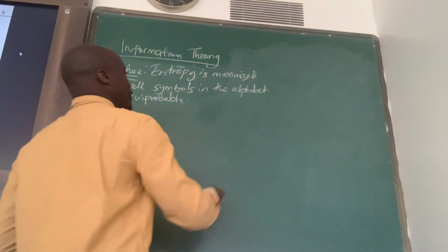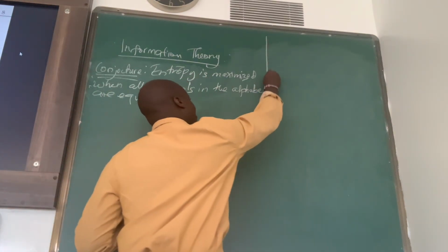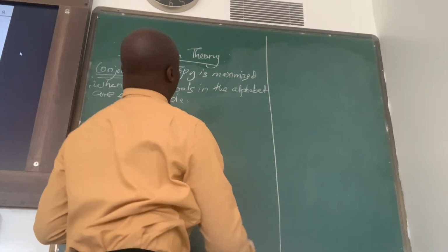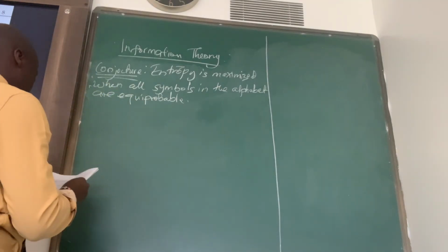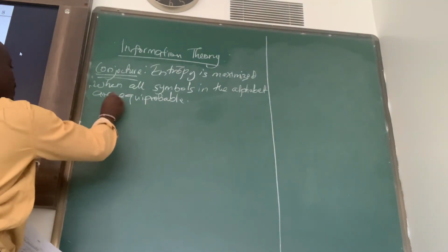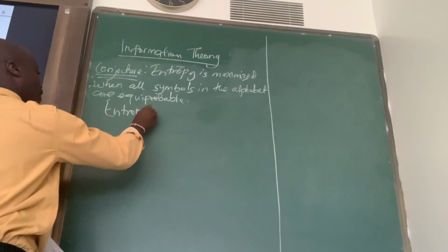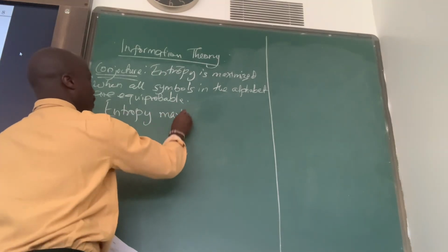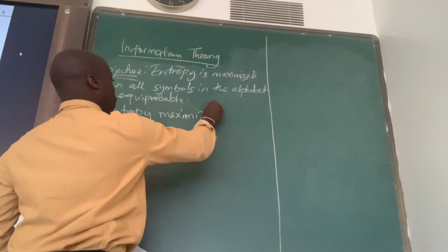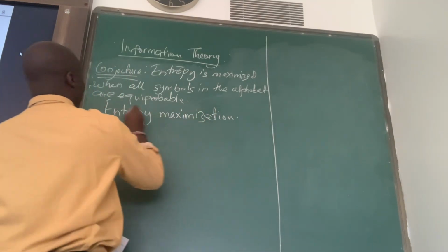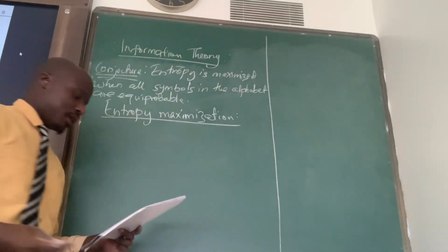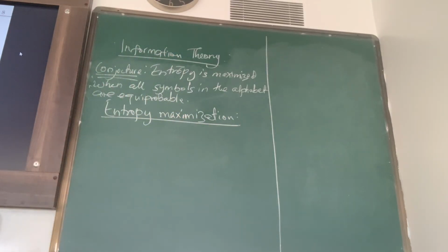Now, let's start with this proof, entropy maximization. I'm doing this proof not because I want to show you how to maximize entropy. Entropy is only going to be maximum always when we have a uniform distribution.